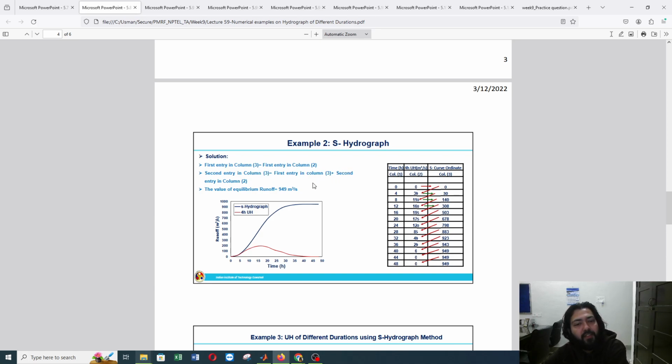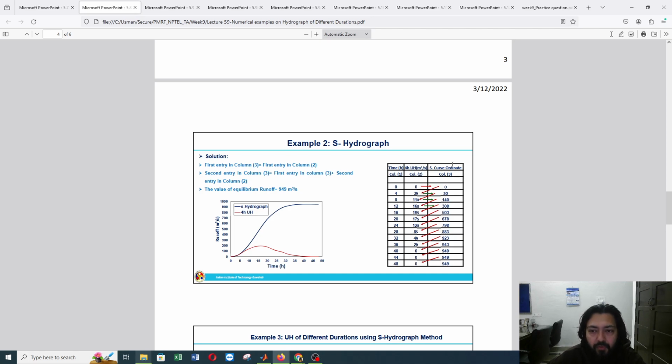They are saying the first entry in column 3 is equal to the first entry in column 2. Then the second entry in column 3 is equal to the first entry in column 3 plus the second entry in column 2.